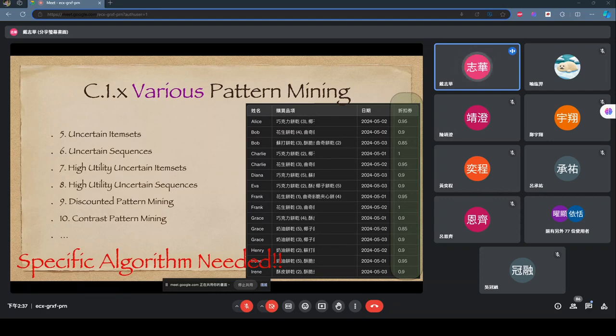For example, for item set mining, the most well-known basic approach is the Apriori algorithm. If you don't know that, that is fine. You will learn it in the subsequent parts of this course. The other famous one is FP-growth, which is also a famous algorithm.